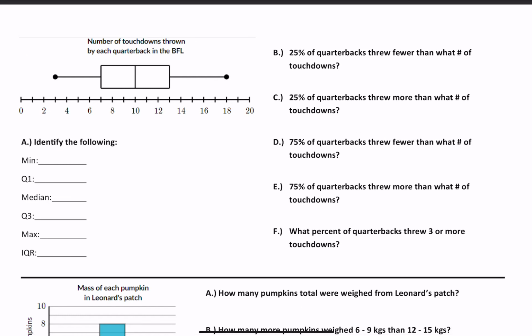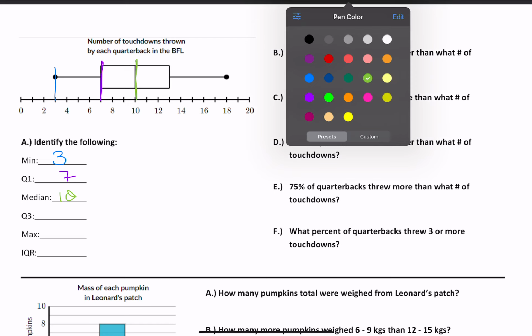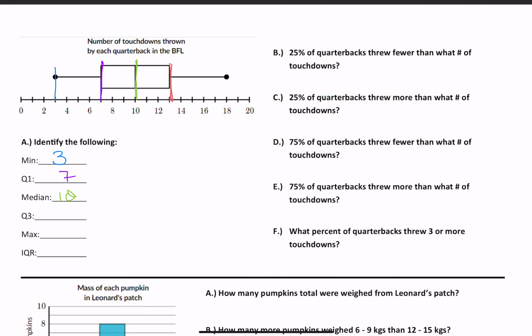All right, next problem here, we have number of touchdowns thrown by each quarterback. So we're going to identify the minimum, the maximum, the median, Q1, Q3, and IQR. So our minimum here looks to be 3. Then we have our Q1, which looks to be 7. Our median looks to be a 10. No decimal ones here. Man, no tricksters.